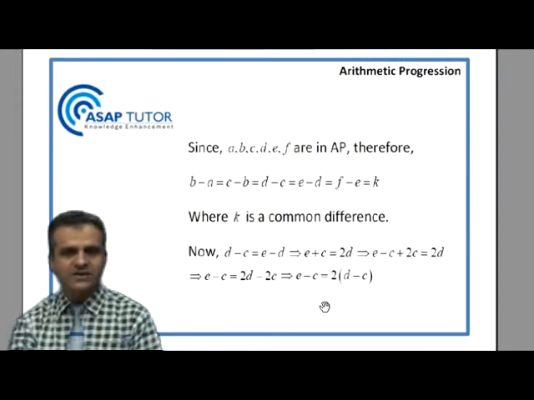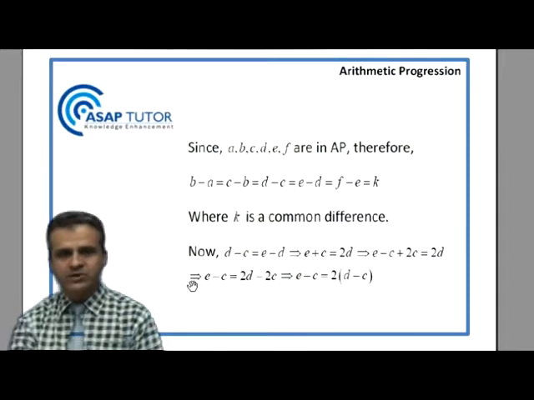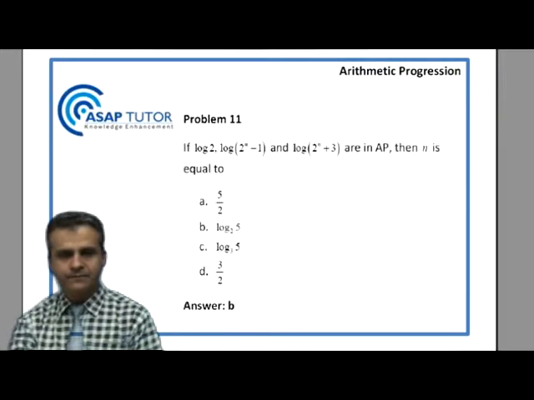Now we'll bring this 2C to the other side. So E minus C is equal to 2D minus 2C. Because we need the value of E minus C, that's why we have brought it to this expression. So E minus C is equal to 2 times (D minus C), taking 2 common.